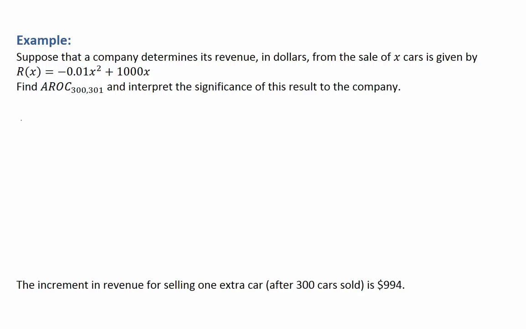So we write our formula, and this would be the revenue when we sold 301 cars minus the revenue when we sold 300 cars, divided by the difference in the number of cars, so 301 minus 300.